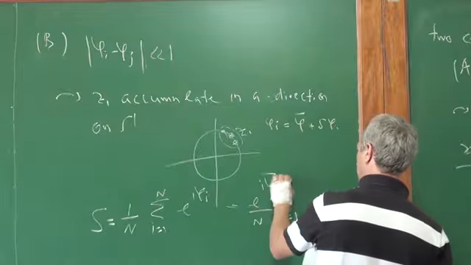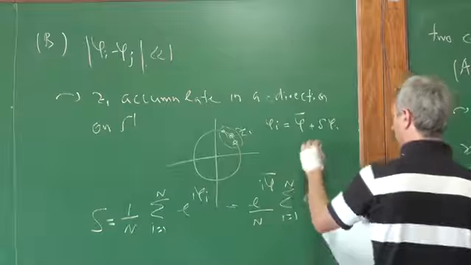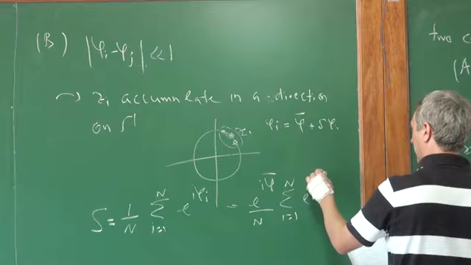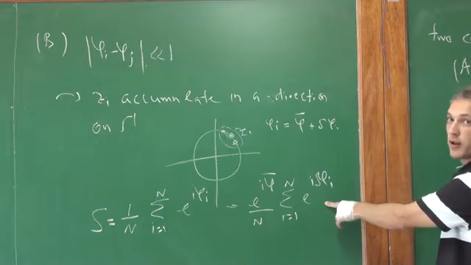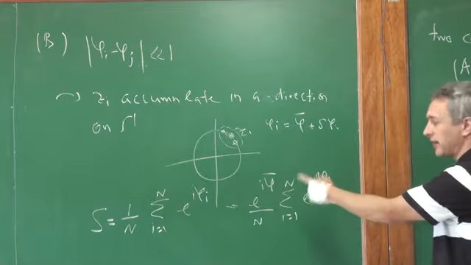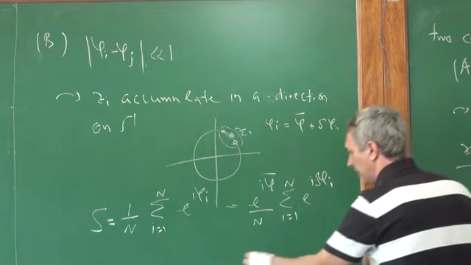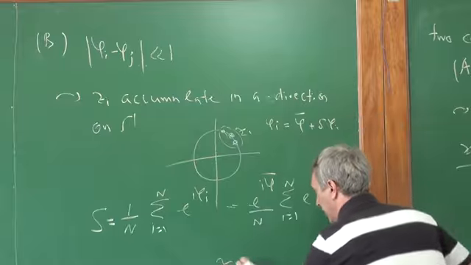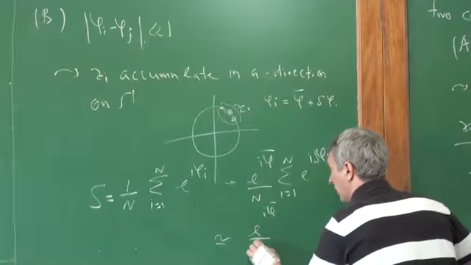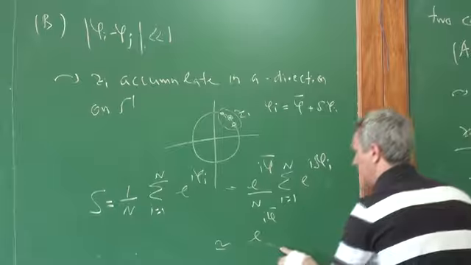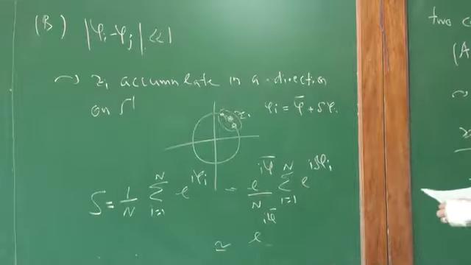And the statement here is now that this variation delta phi_i is much smaller than 1. So this will give me a contribution of order n. I add n numbers close to unity. So this will then just be some finite contribution e to the i phi. Okay? So this is finite in the limit n to infinity.